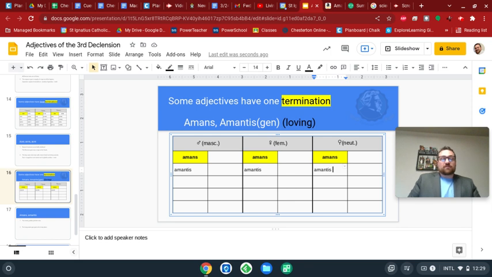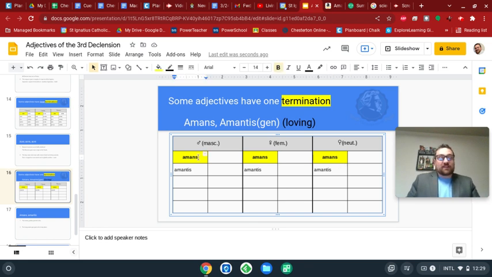So puer amans means the loving boy, the boy who does that verb, right? Who loves, but it's the loving boy, and so it's being used as an adjective here. And anytime you take a verb and make an adjective out of it, it's going to be a third declension adjective of one termination.